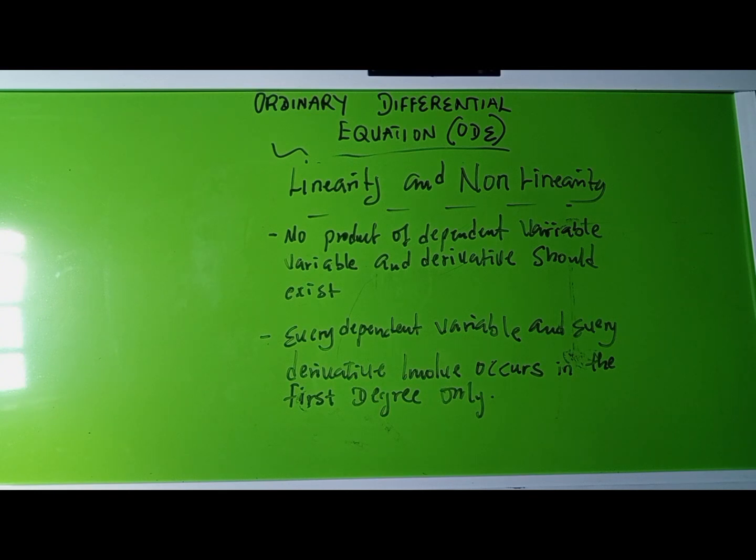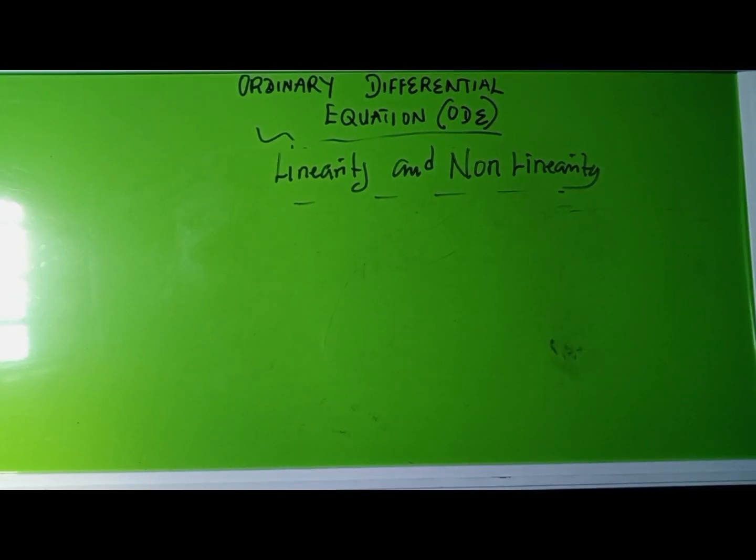Now, let's take an example for more clarification. We've seen the conditions given to know whether an equation is linear or not. If those conditions hold, then your equation is linear. But if those conditions do not hold, then your equation is non-linear.